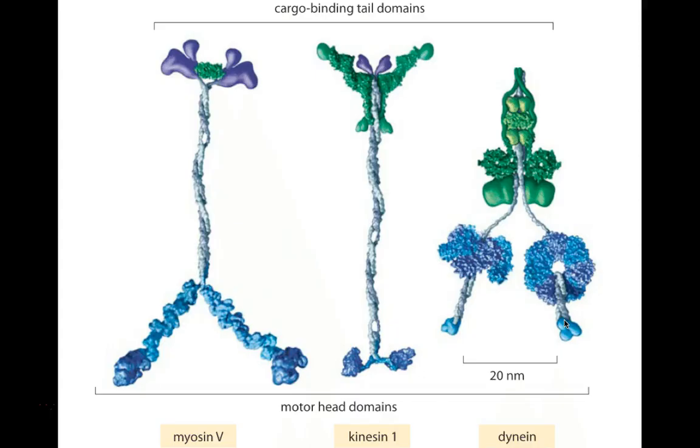Here's a more natural looking or accurate depiction of these 3 different types of molecular motors. The motor head is illustrated in blue at the bottom of all three of these example motors: myosin, kinesin, and dynein. At the top is the cargo carrying domain.